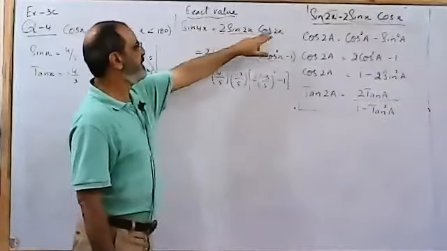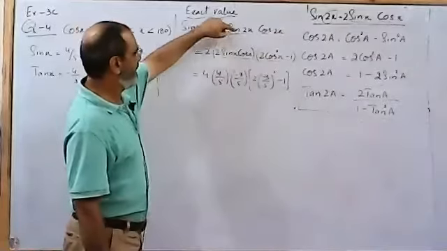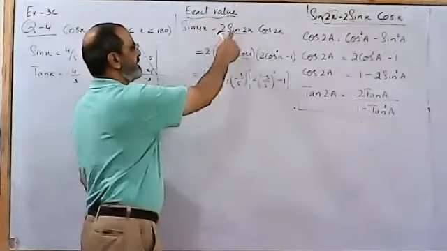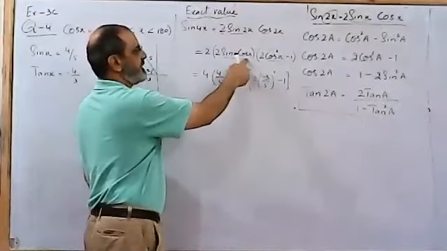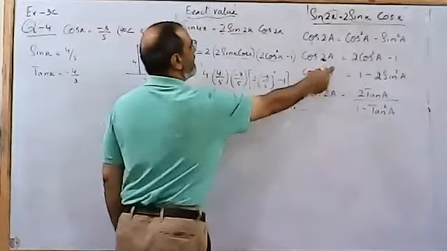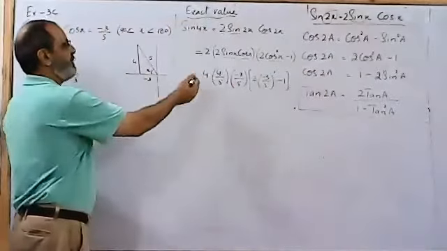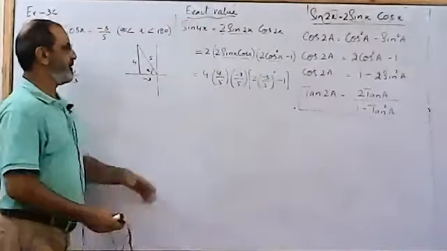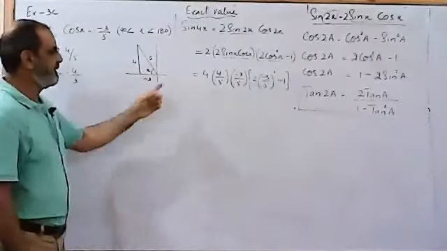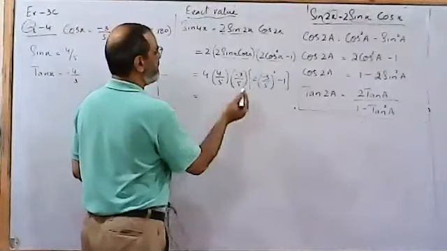Further, I have to change these sine 2x and cos 2x into x. Again, I apply the same identity. Sine 2x is replaced by 2 sine x cos x. Cos 2x is replaced by any one of these three identities, it doesn't matter. Then I have used the values of sine x and cos x. Cos x is given, sine x is calculated. You just have to calculate them.